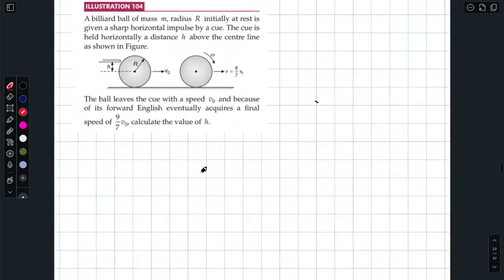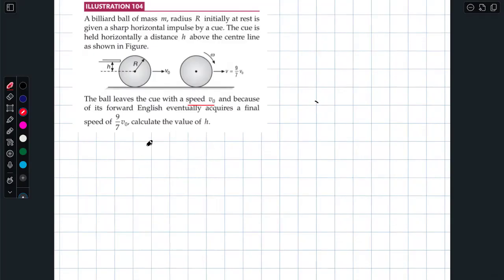A billiard ball of mass m, radius r, initially at rest, is given a sharp horizontal impulse by a cue. The cue is held horizontally at a distance h above the center line as shown in the figure. The ball leaves the cue with a speed v naught, and because of its forward motion eventually acquires a final speed of 9/7 v naught. Calculate h.